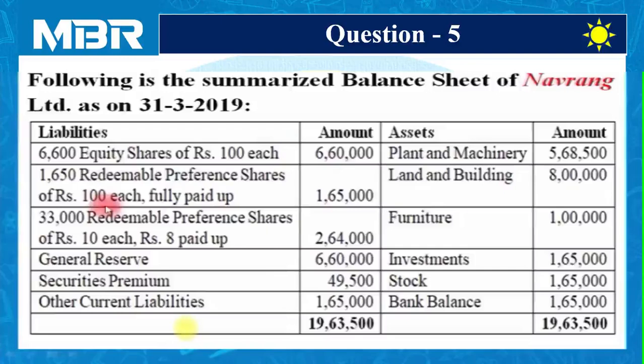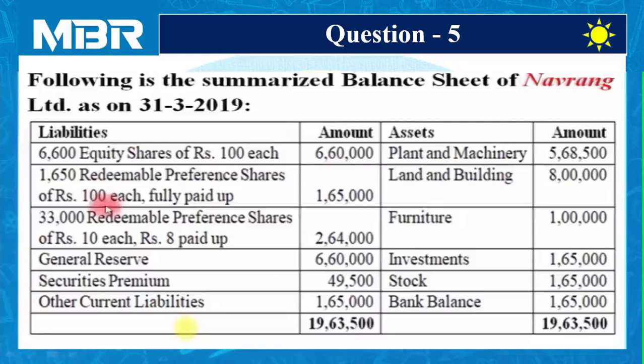Following is the summarized balance sheet of Navrang Limited as on 31st March 2019. Let us refer liability side first. 6,600 equity shares of rupees 100 each.